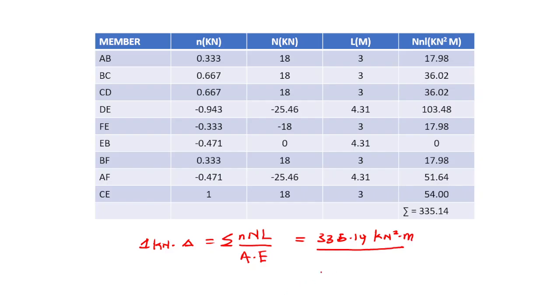all over the area we're given, 3.23 times 10 raised to power minus 5 meter square, times 1.9 times 10 raised to power 9 kilonewton per meter square. At the end of the day, we obtain our deflection, because this is going to go for this, right?